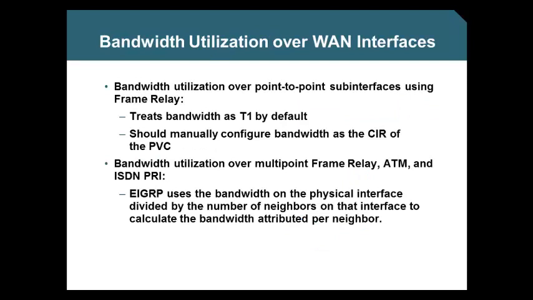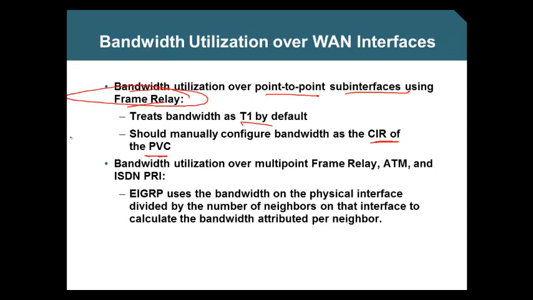Okay, there is another story to understand: bandwidth utilization over a point-to-point sub-interface using Frame Relay. By default, the serial interfaces are considered as T1, meaning 1.5 meg. But our committed information rate on the permanent virtual circuit, PVC, see, these are all the terminologies that we have in Frame Relay.